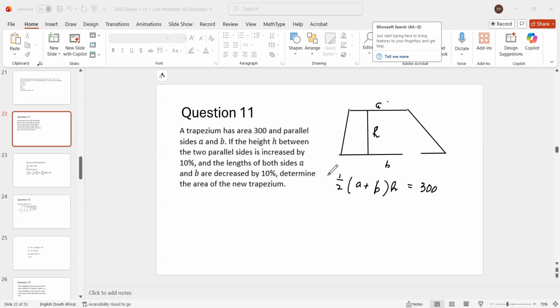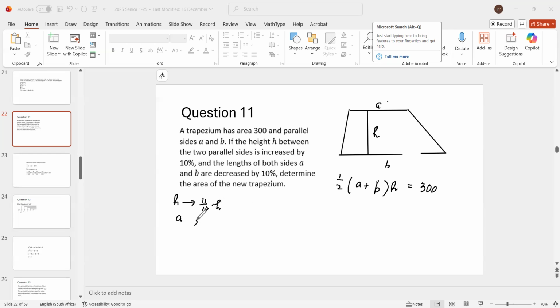Now the height is increased by 10%. Okay, so the height then becomes 110%, which is 11 over 10. Height goes to the new height, and the two parallel sides are decreased. You can see the lengths of both the sides A and B are decreased by 10%.